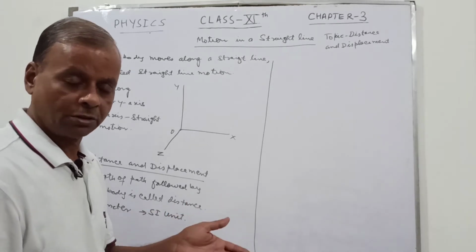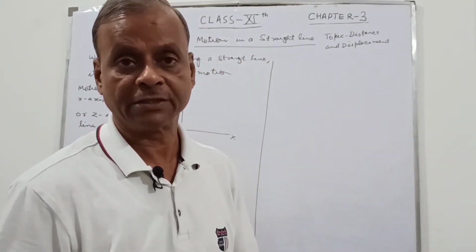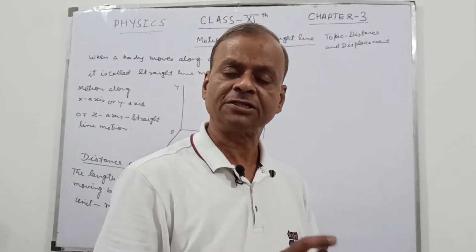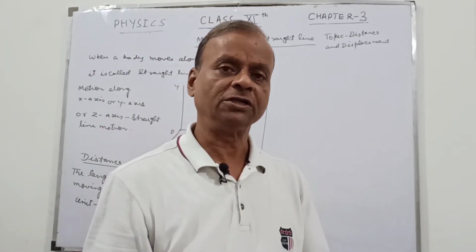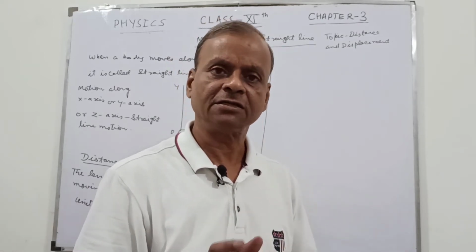It has no direction, meaning that from where you have to measure the length of the path. Either you measure it from the initial point to the final point, or the final point to the initial point. Then whatever length you are getting, that is the distance.